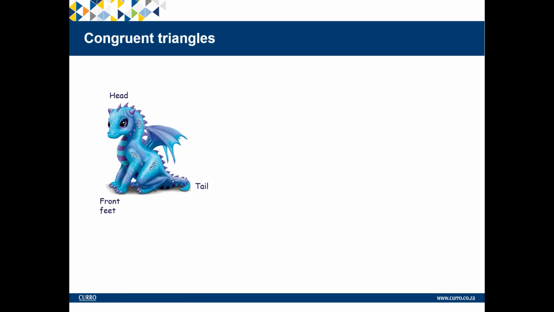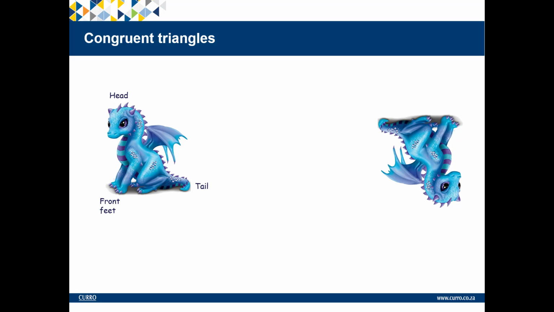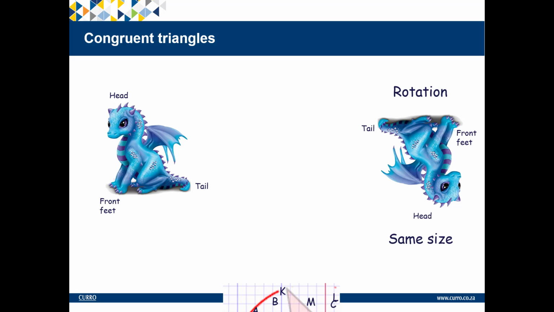So here is Xing. We say head, tail, front feet. If we rotate Xing, we form an image, but we must call this image again head, tail, front feet in that same order.